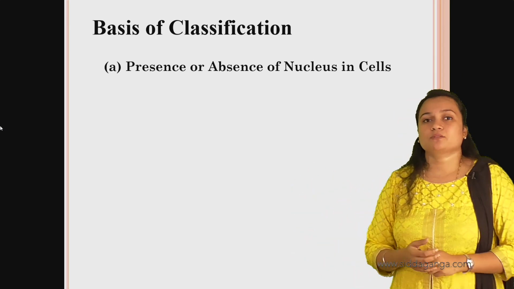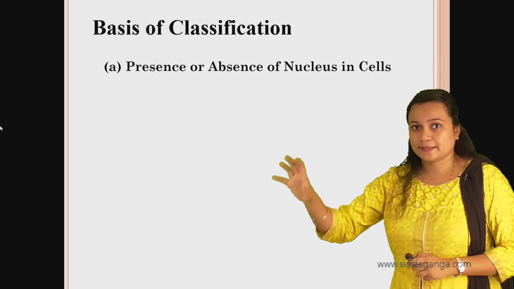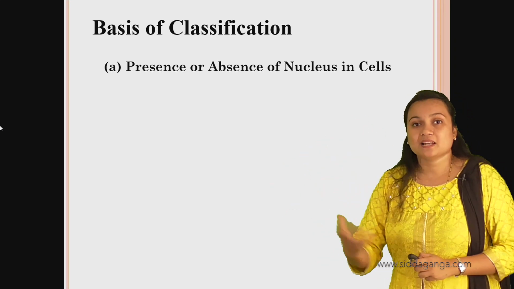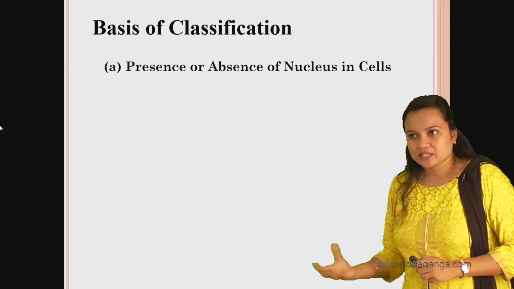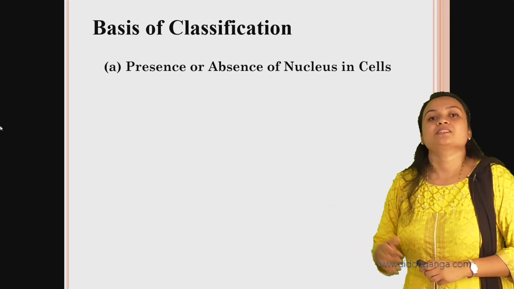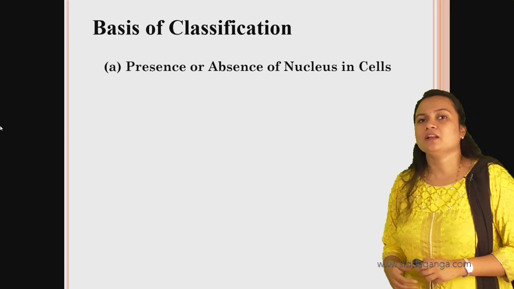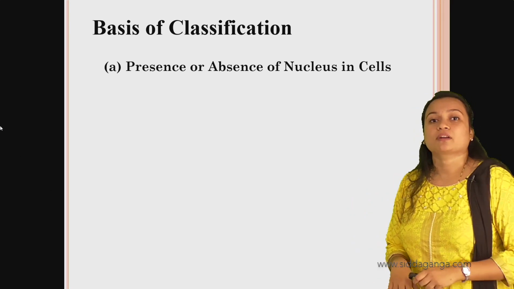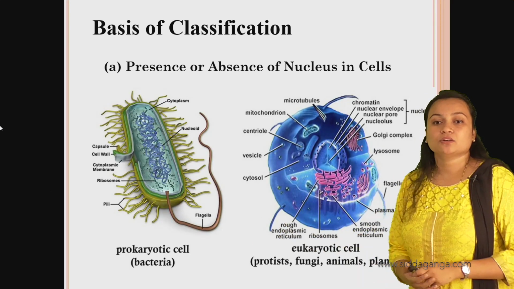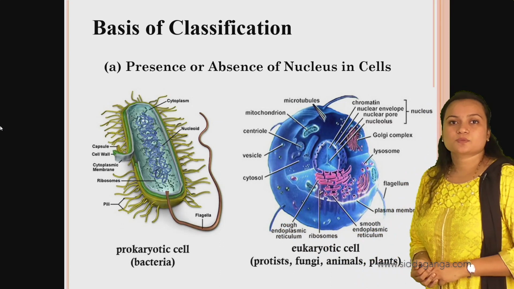There are electron microscopes where we can observe the membranes or the cell apparatus, right? Based on that we can classify the organisms. Based on the cellular level we can classify the organisms like prokaryotic and eukaryotic organisms, right?